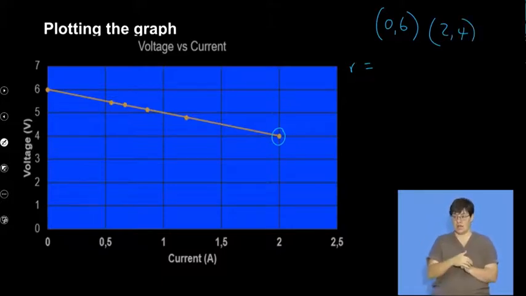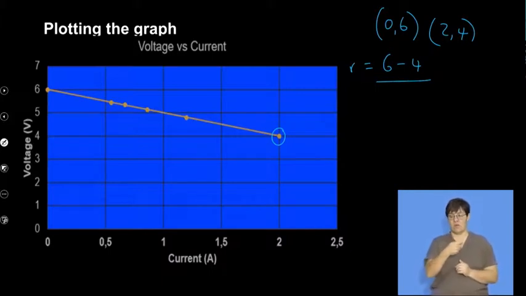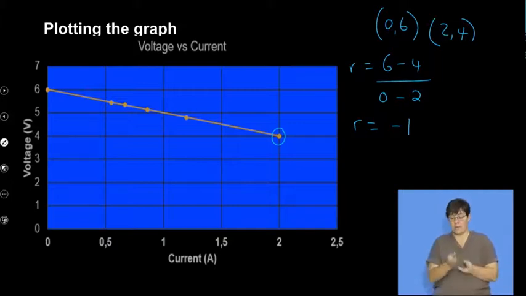If we apply our change in y over change in x, our change in y is going to be 6 minus 4, over 0 minus 2. So this gives us 2 divided by negative 2, which gives us negative 1. So the absolute value of this negative gradient gives us the internal resistance.